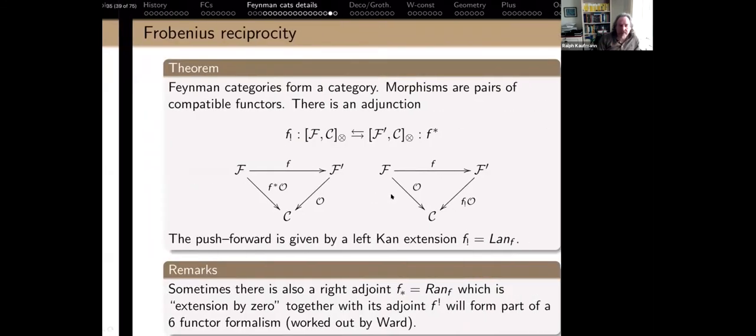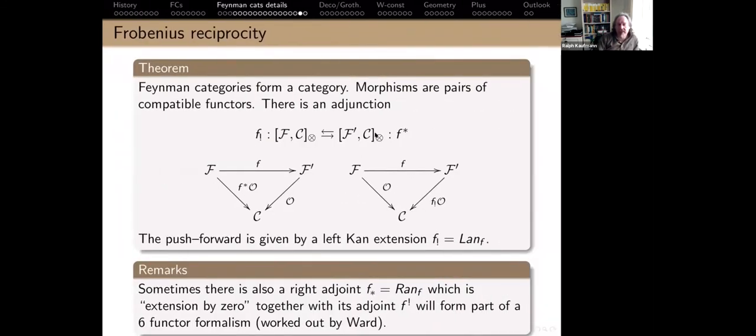So here is a little more detail. So you have these monoidal functors. Sorry, this is a more general version of this. I could look at functors between Feynman categories. Actually, they're pairs of compatible functors, but let's concentrate on the monoidal category level. I have a monoidal functor from one to another. I can restrict an op, so some other thing.